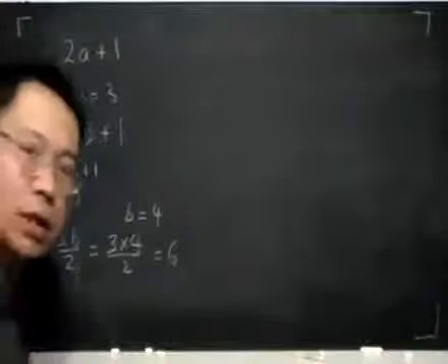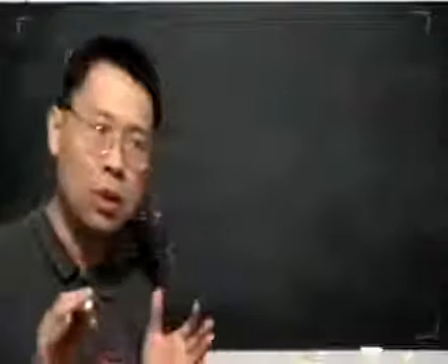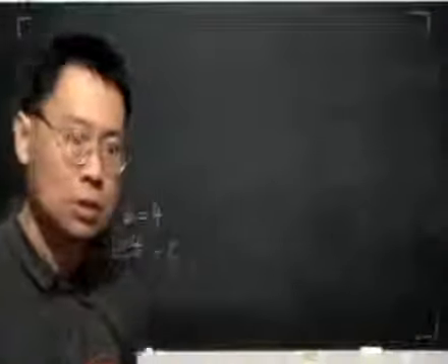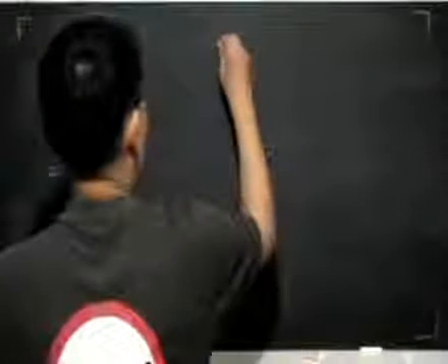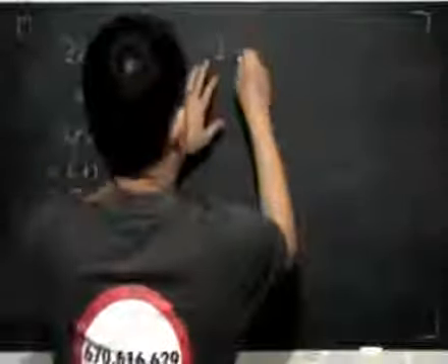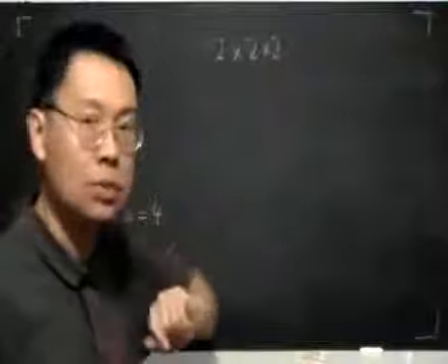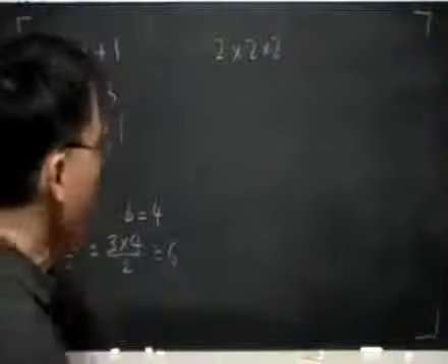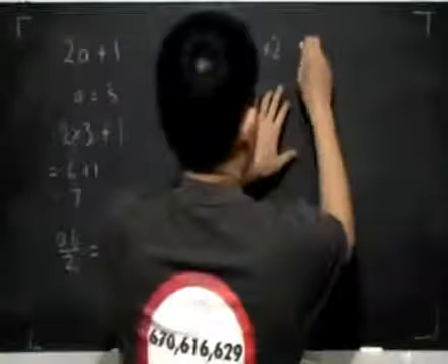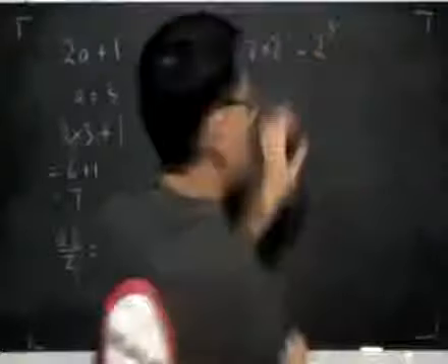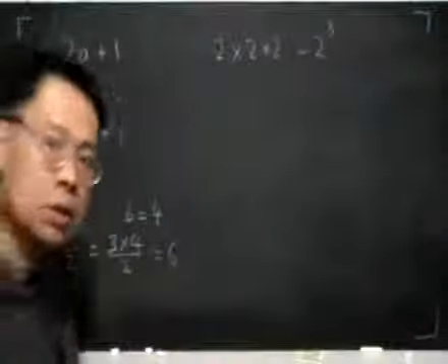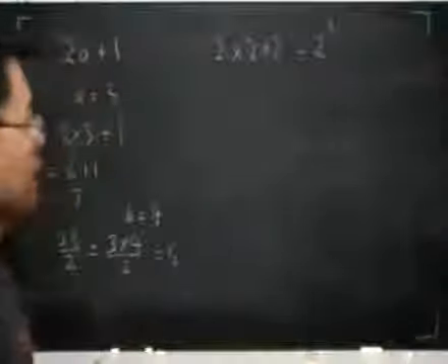Next, we are going to look at the idea of powers in algebra. If I have a number 2 multiplied by itself 3 times, 2 times 2 times 2, we know that we can write this as 2 cubed, or 2 to the power of 3.